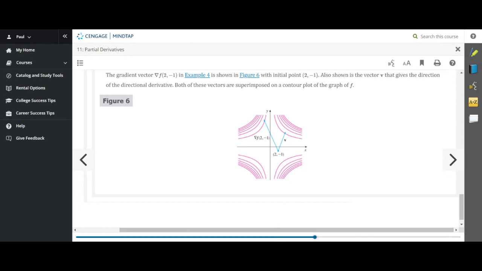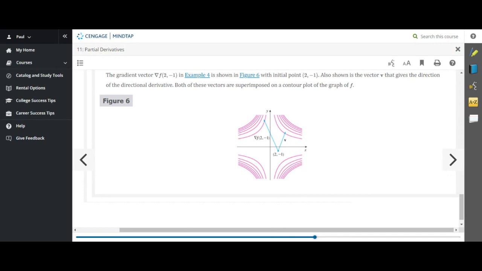In the picture here, they have the gradient vector, which was -4i plus 8j. So you see, there's the point 2, -1, and you have two vectors coming out of 2, -1. One is the gradient vector, and the other is the vector v, which is 2i plus 5j.